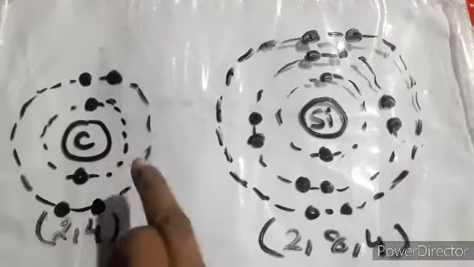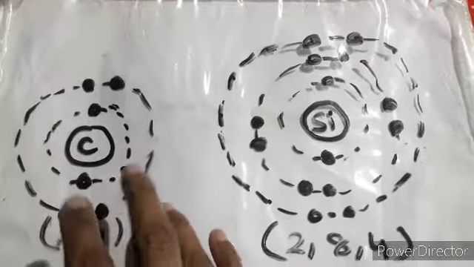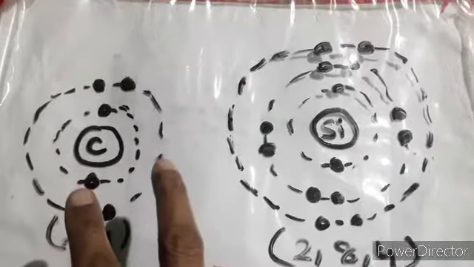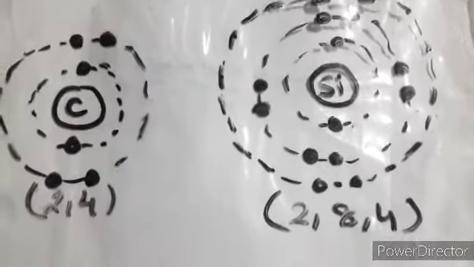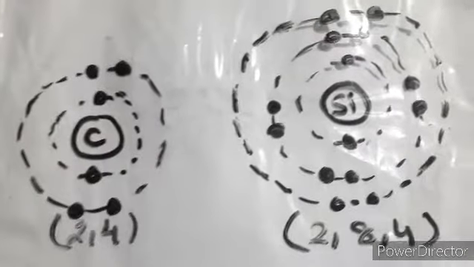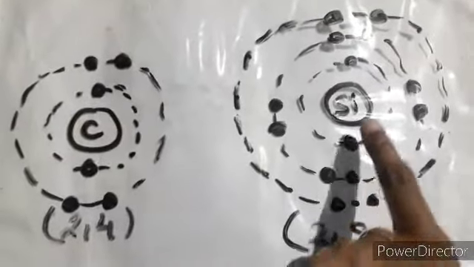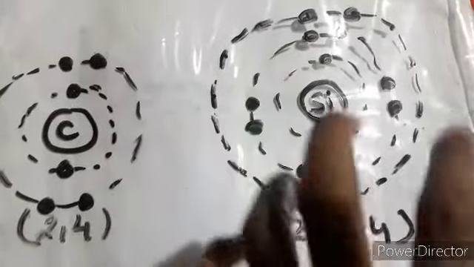Over here the number of shells is less, so carbon has less atomic size. Now what about the non-metallic character? Whose is more and whose is less? Let's focus once again on silicon. Its atomic size was more, so its non-metallic character decreases.